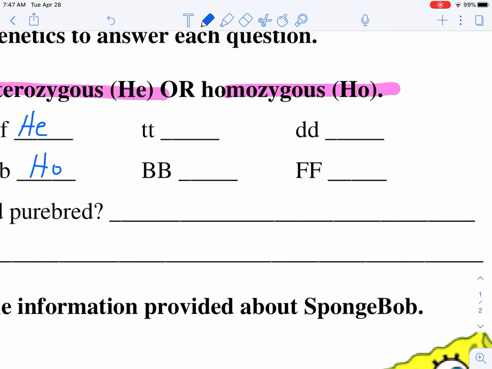Finishing us off, we've got 2 lowercase t's, that would be HO, 2 capital B's would be HO, 2 lowercase d's, HO, and 2 capital F's would be HO.